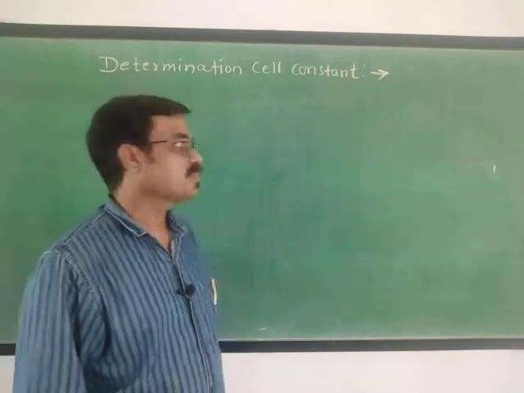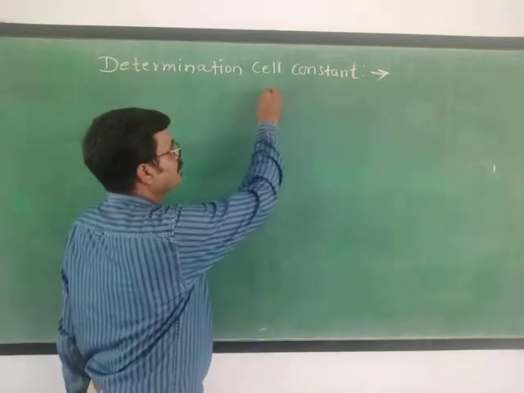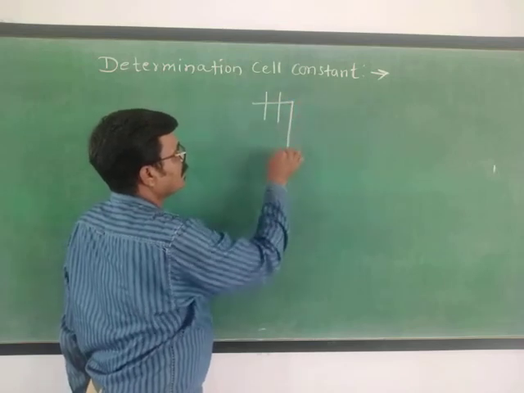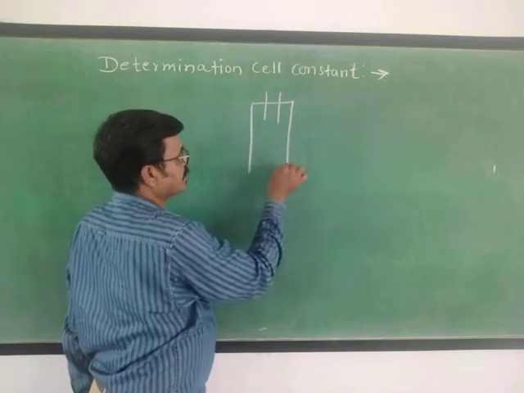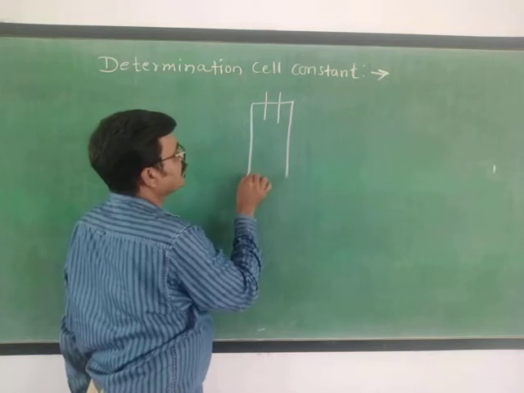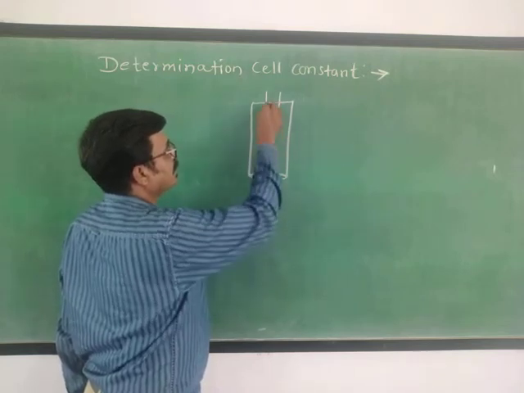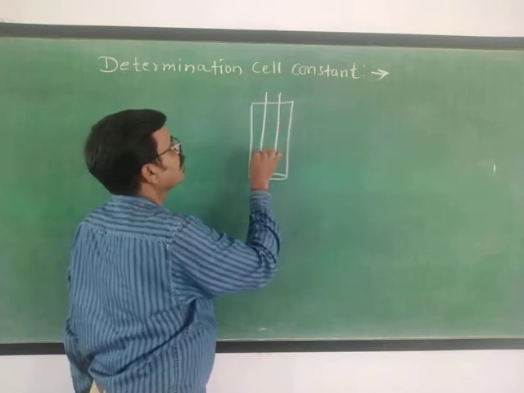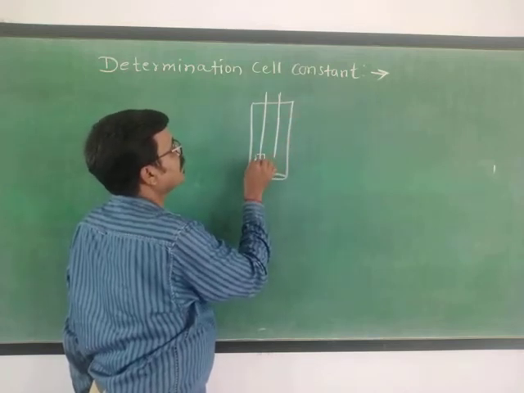In the measurement of conductance of a solution, this conductivity cell is used. In this conductivity cell, this is ebonite, and two platinum electrodes are dipped in it, coated with platinized platinum.